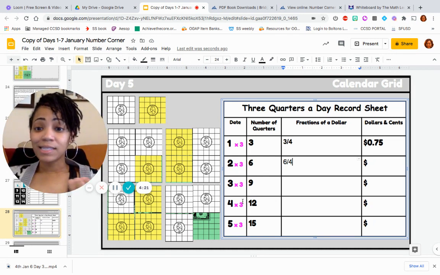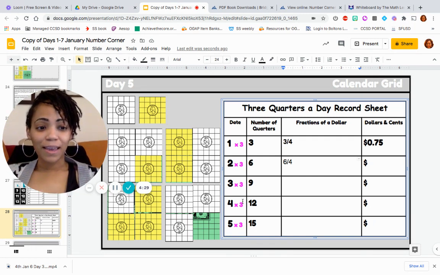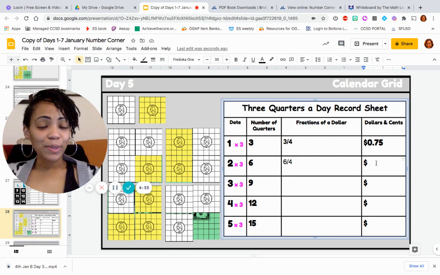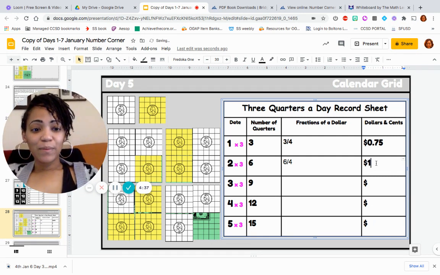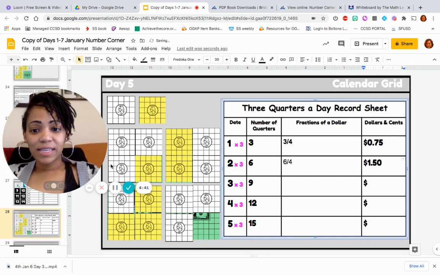So if I have 6 of those, essentially, I'm copying 1/4 6 times. And we'll talk about how to write an equation for this in just a second. How much money did we have after the second day of school in January, which would have been on Tuesday? Right, we now have $1.50, and we could see that here if we just outlined the white and then the yellow.